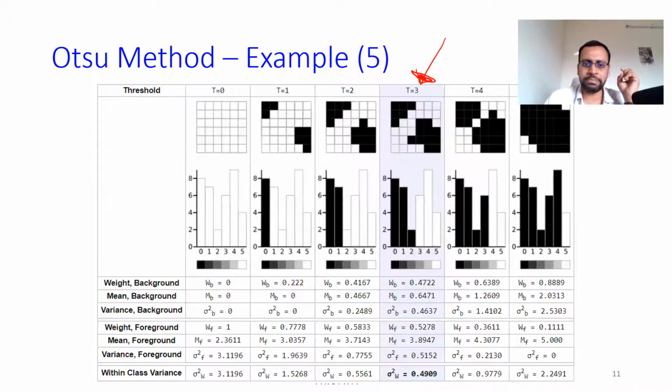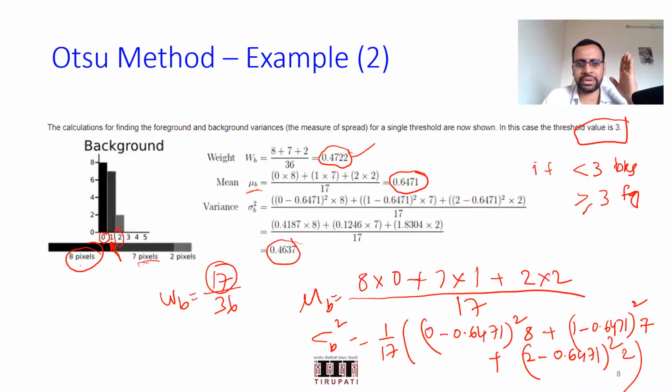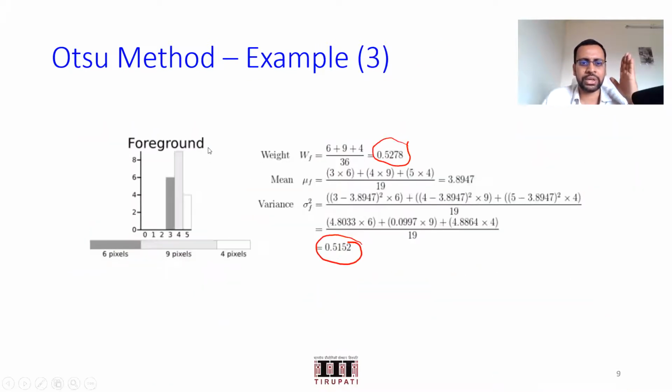You repeat the same thing for thresholds of 0, 1, 2, 3, 4, and 5, all of them.